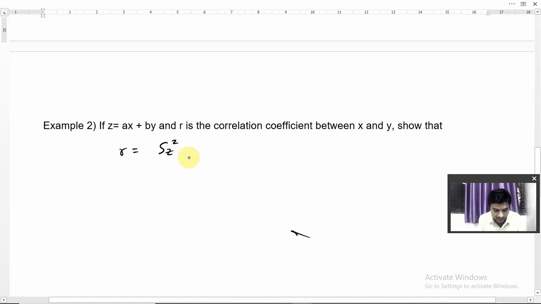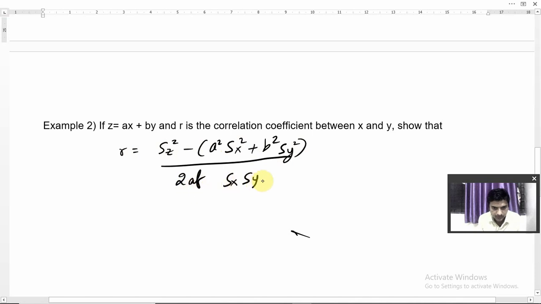So x, y, z, there are 3 variables here. So minus a square sx square minus b square sy square divided by 2ab sx sy. So we have to prove this, friends.